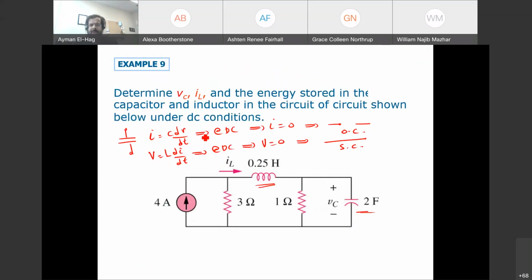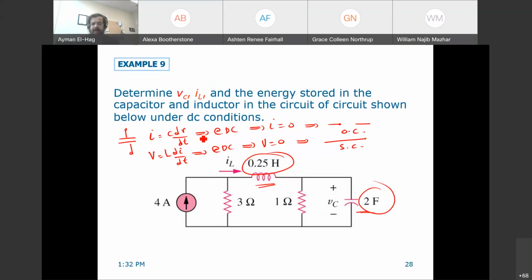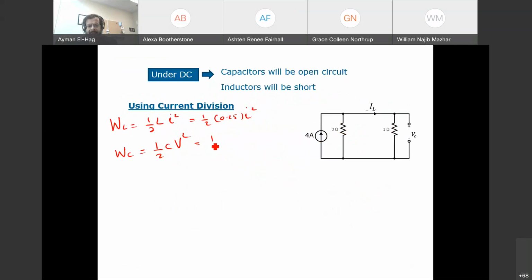Now in this question, we know L and we know C. So the L here, 1/2 L i squared, is equal to 0.25 i squared. And the C here is 2 farad. So this is 1/2 times 2 V squared.